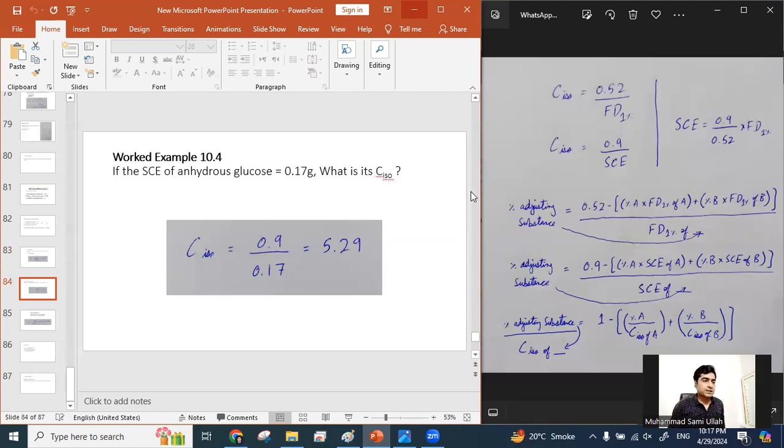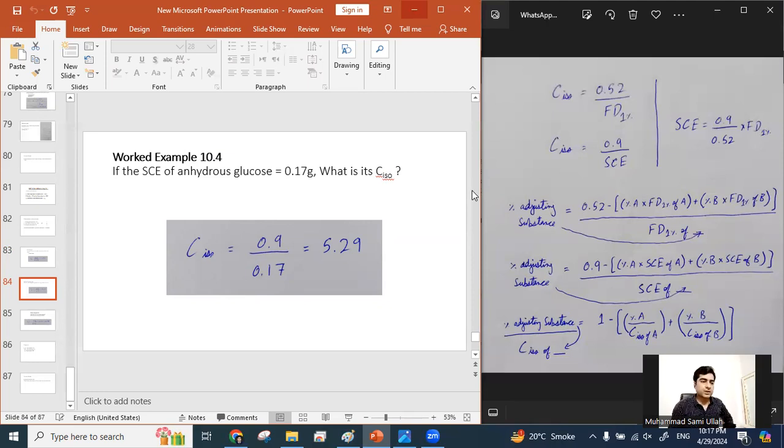In this formula, they are saying if the SCE value of anhydrous glucose is 0.17 gram, the SCE value is in grams, what is its CISO? This time they have clearly said the value of CISO is required, and what they have given us is the SCE value of some ingredient. So we will use this formula this time.